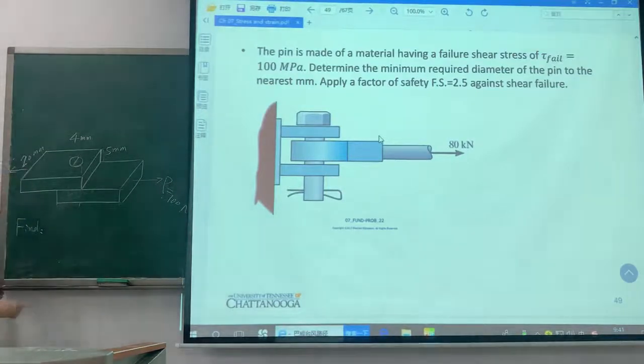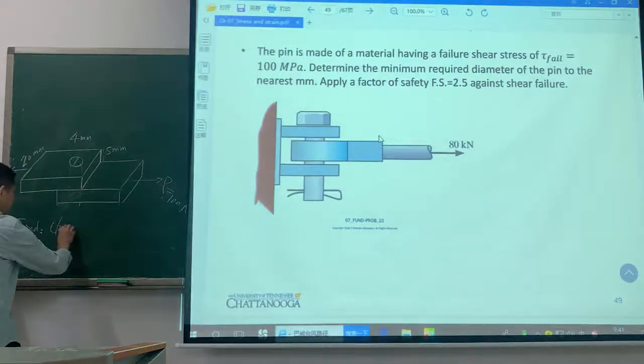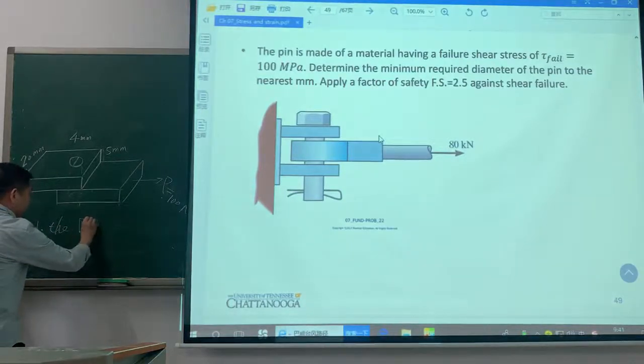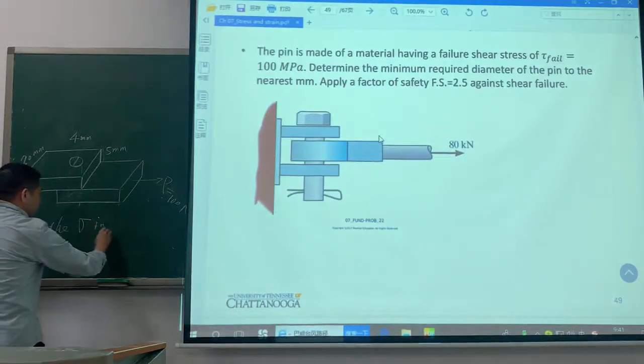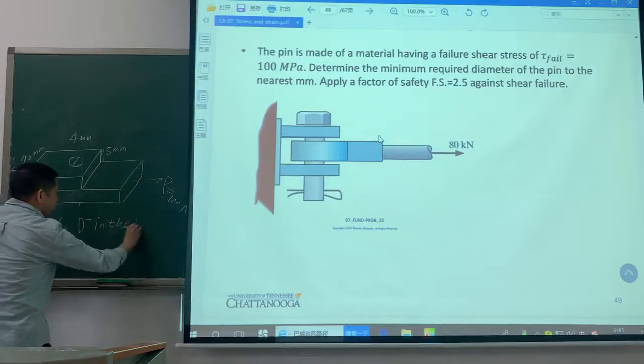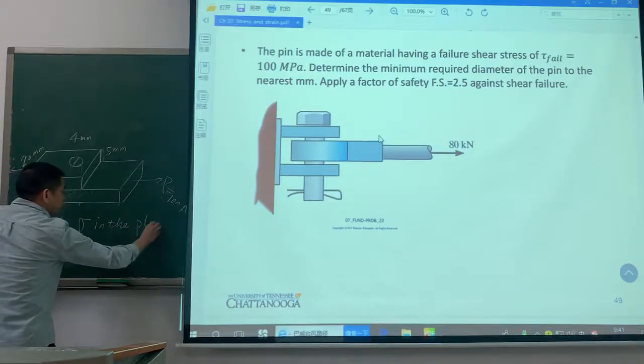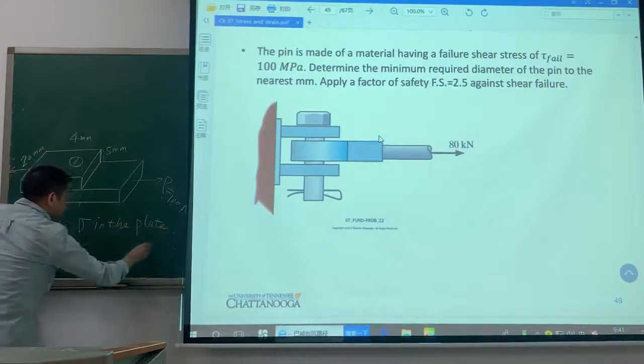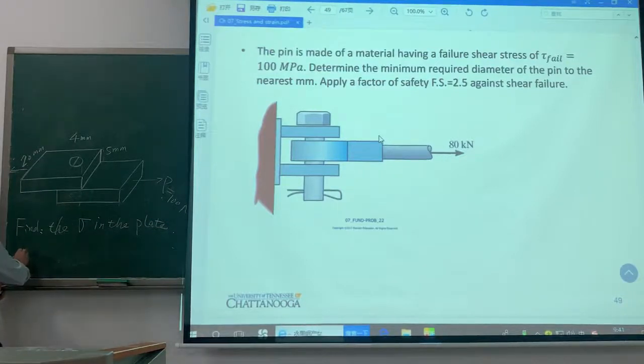I ask you to find the normal stress in the plate. Find the normal stress in the plate.